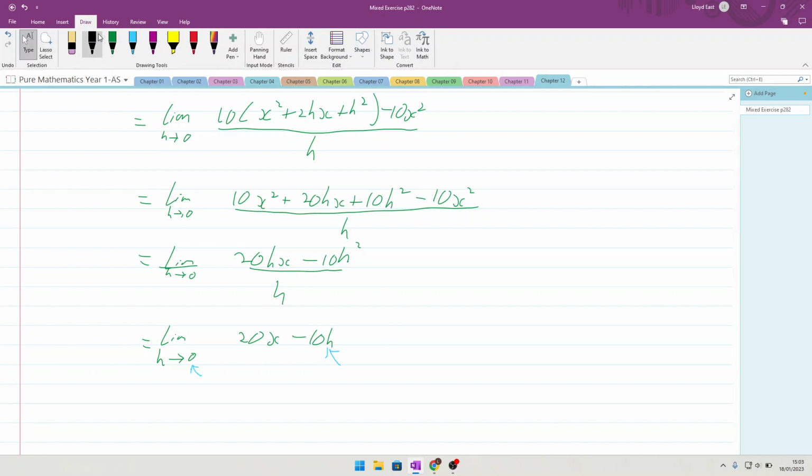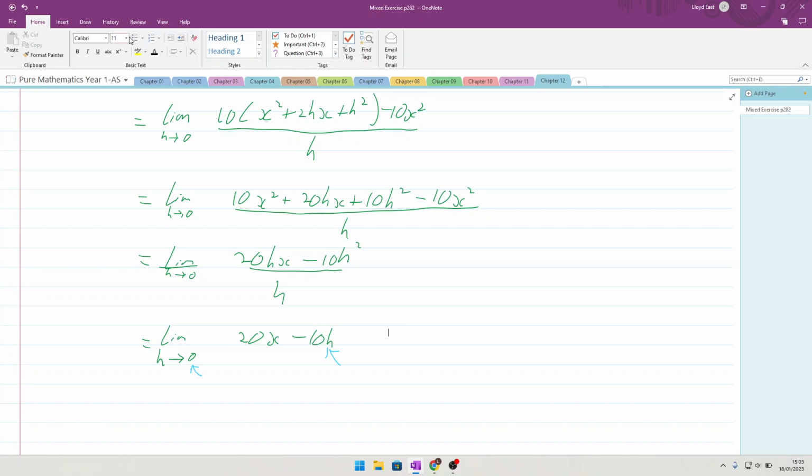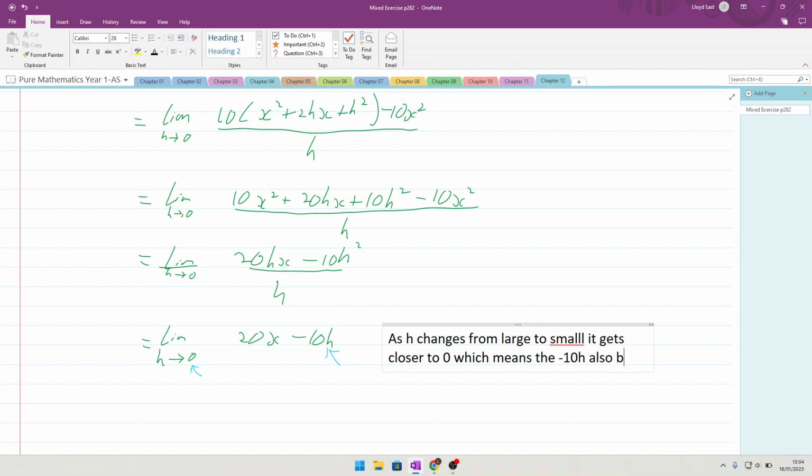Let's get this written up. So as h changes from large to small, it gets closer to 0, which means the 10h also becomes 0.